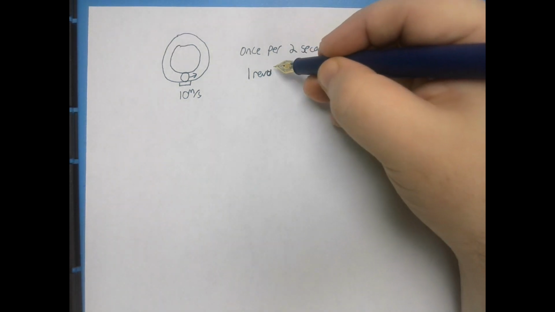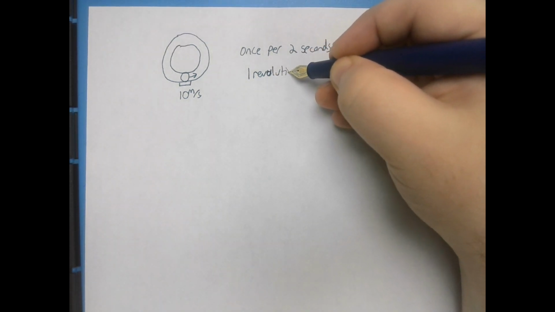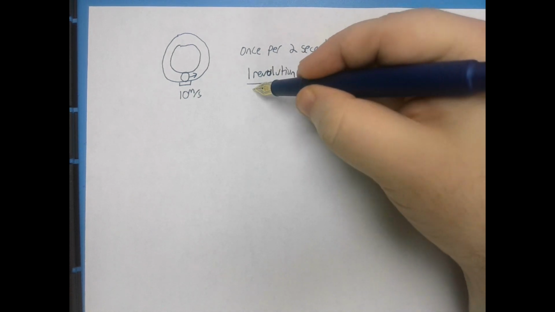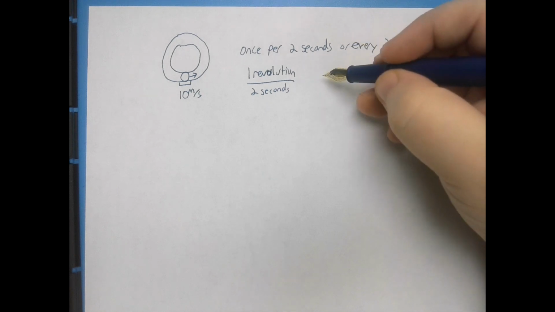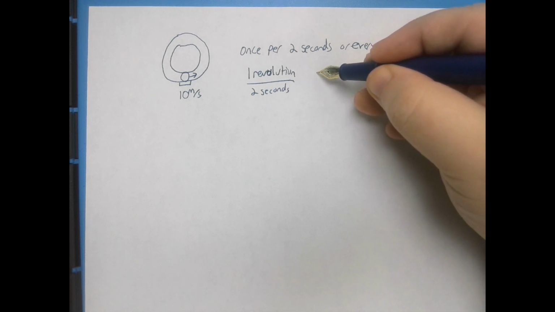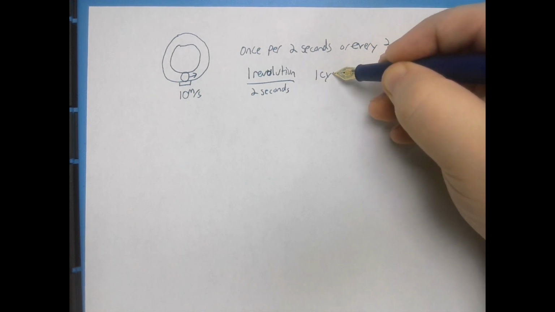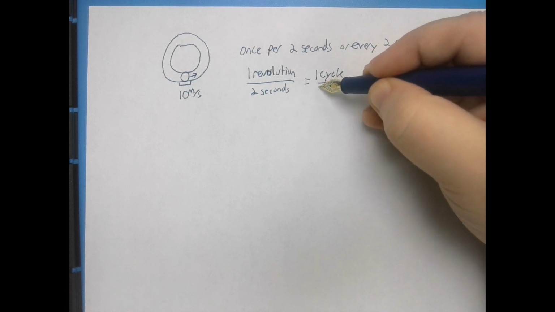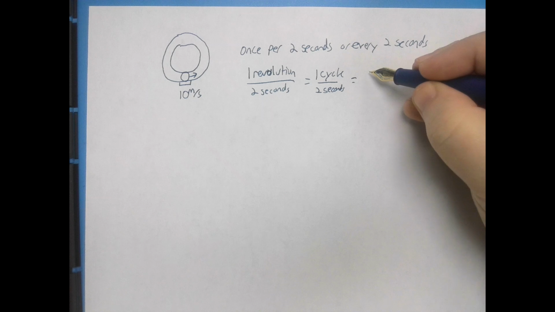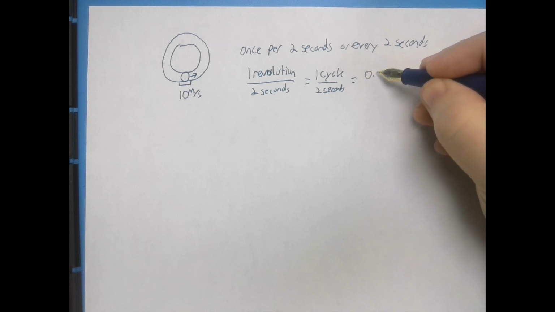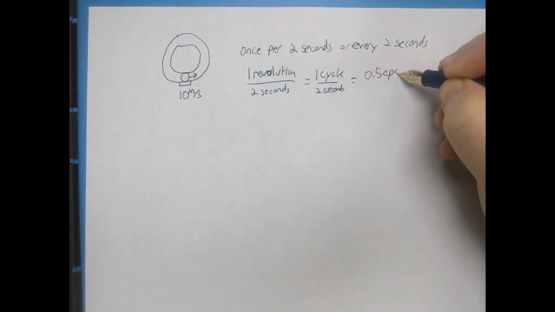So 1 revolution per 2 seconds. And a revolution is the same thing as a cycle, so that's 1 cycle per 2 seconds, or 0.5 cycles per second.